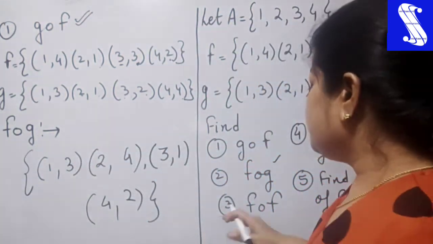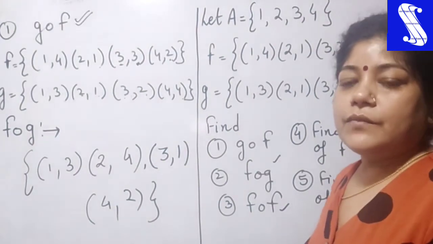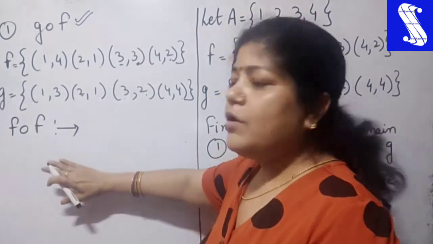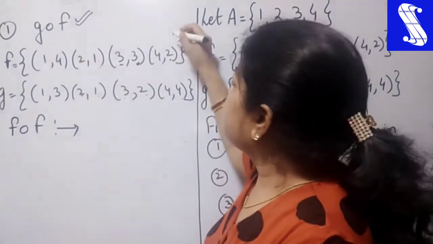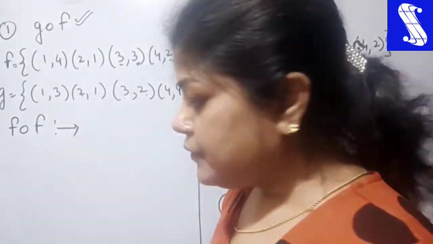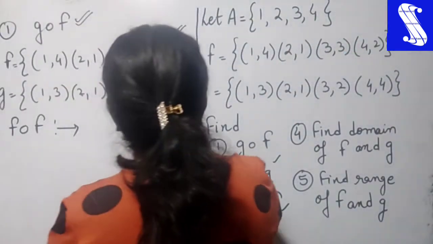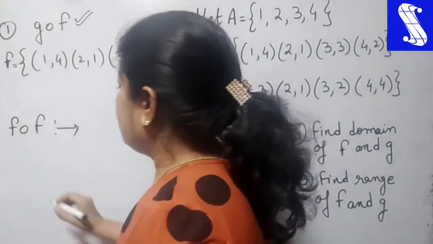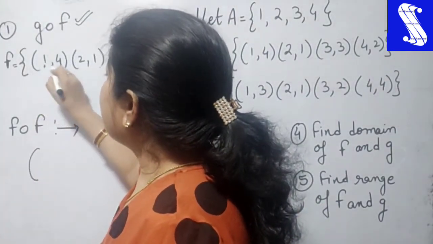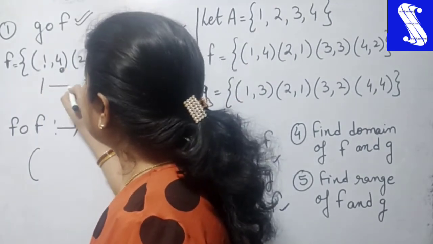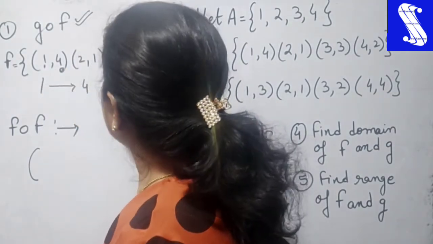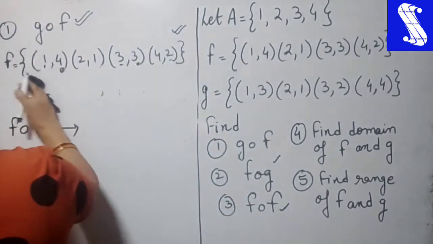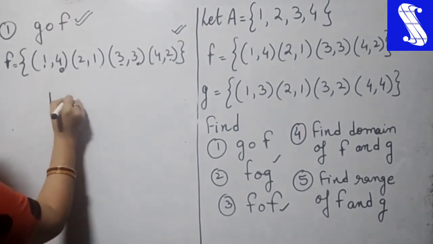Now I am going to explain how you will find FOF. For FOF, you have to consider only the function F. I just rubbed out the G part. Clear? Now, the value of 1 is 4.